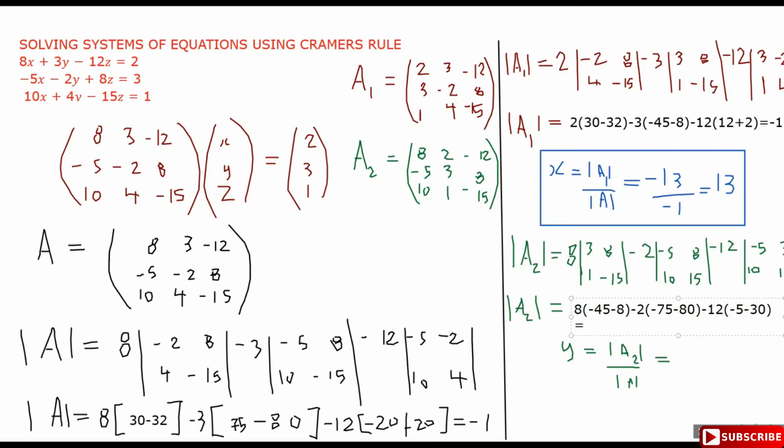This is equal to, put that in your calculator, 8 times minus 45 minus 8 minus 2 times minus 75 minus 80 minus 12 times minus 5 minus 30, and that is, let me make sure I didn't make any error here.